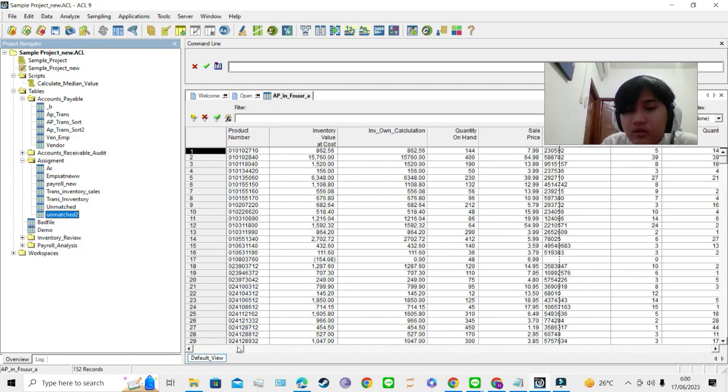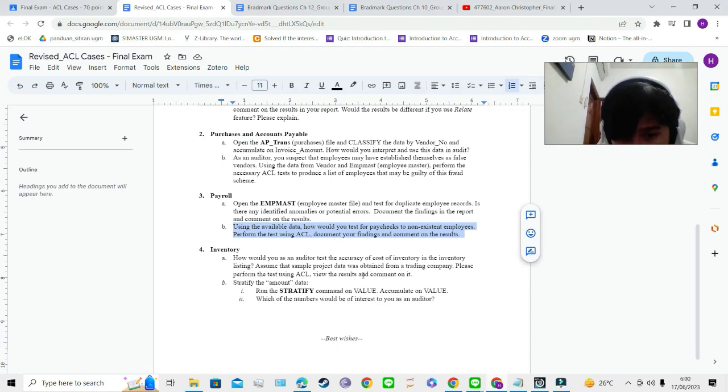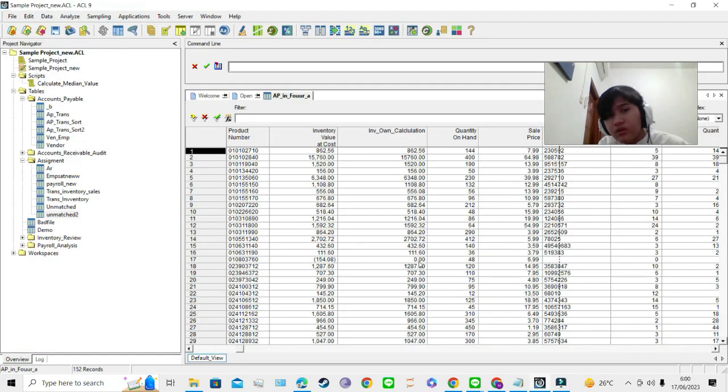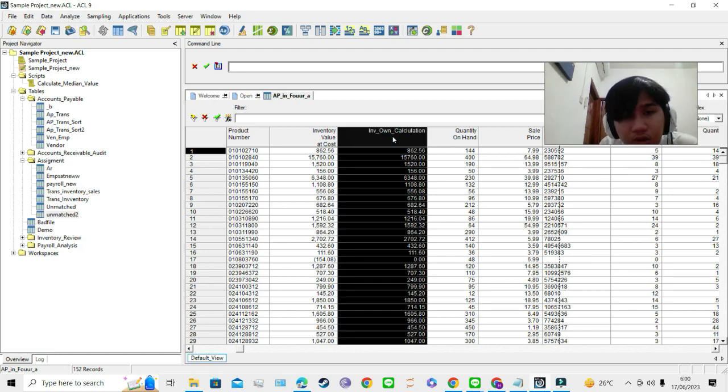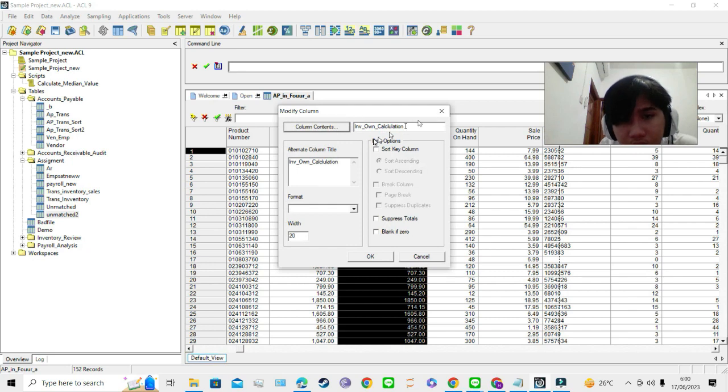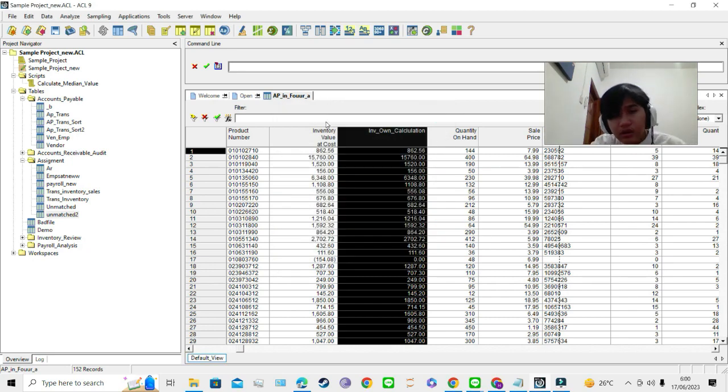and I do my own calculations to see if the accuracy of cost inventory is the same with the inventory, sorry, we use the edit table.